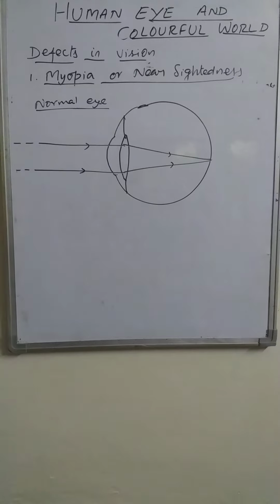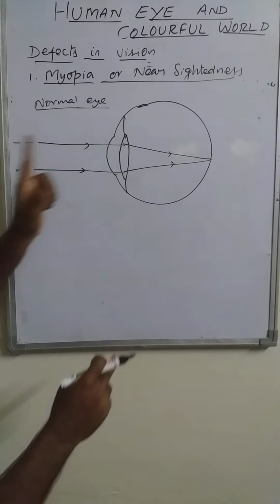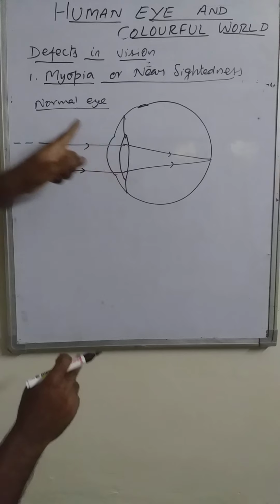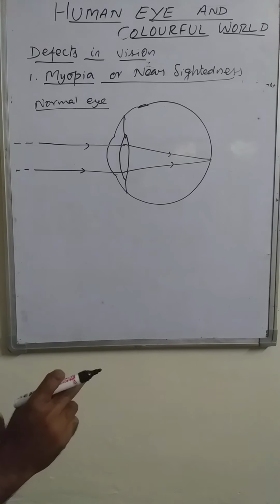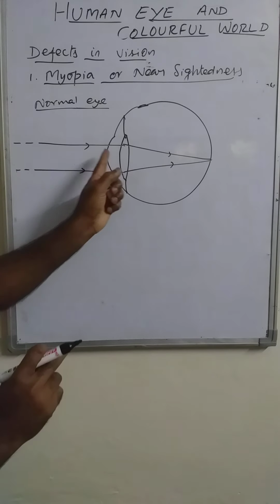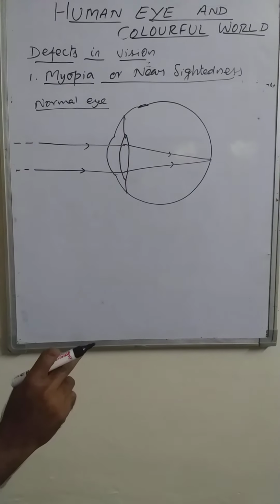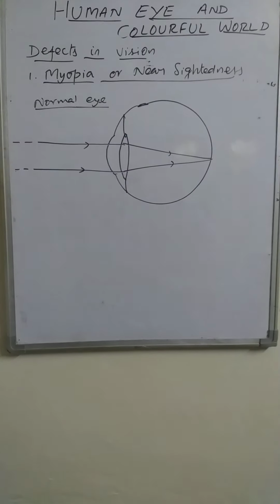Here the object is at infinity, the image is formed at the retina, but the person sees that object at the same position. So when we use the lens formula, in that case, the object distance and image distance should both be taken outside the eye, not inside, because this distance is always fixed.